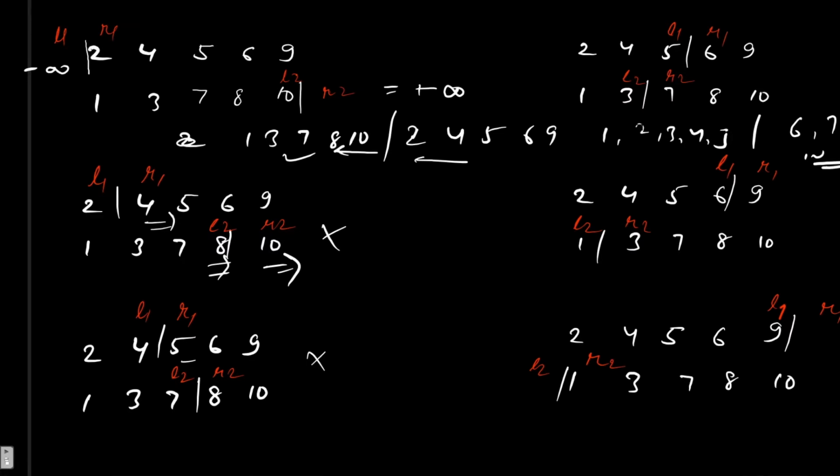So in this case we can easily find out the two middle elements for our median. The first middle element is going to be among L1 and L2, and the second middle element is going to be among R1 and R2. So this is the valid partition. So let's clean up this.